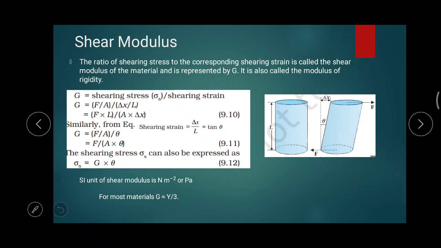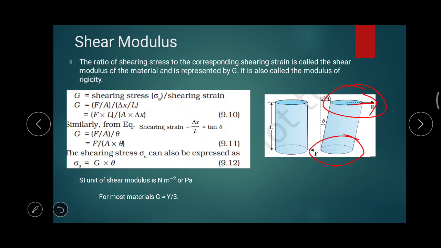Here the shearing stress value is force per area, and the shearing strain we have already seen is the displacement of the upper layer divided by the length or height of the material. When the shearing force acts on the material, there is no change in the position of the lower portion, but the upper portion gets displaced.